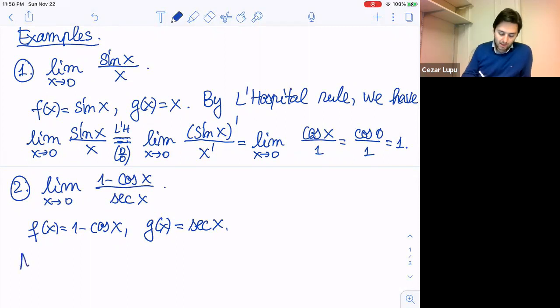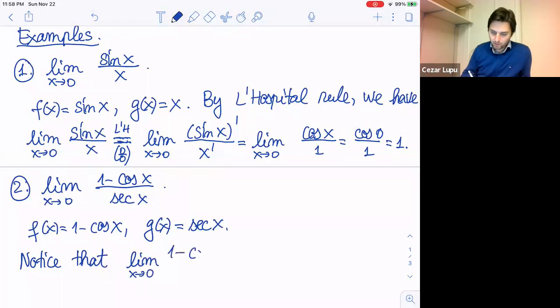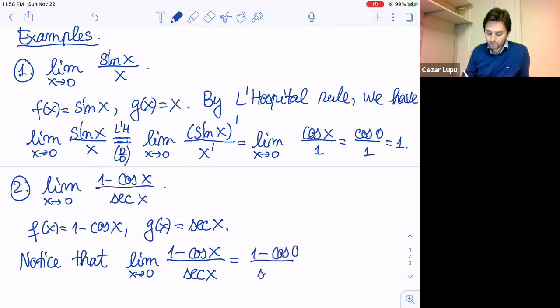First, we will notice that the limit as x approaches 0 of 1 minus cosine of x over secant of x, because there will be a danger here. If we plug it in, you will have 1 minus cosine of 0 over secant of 0. But this will be 1 minus 1 over 1. Secant of 0 is 1. So it will be 0 over 1, which is 0.